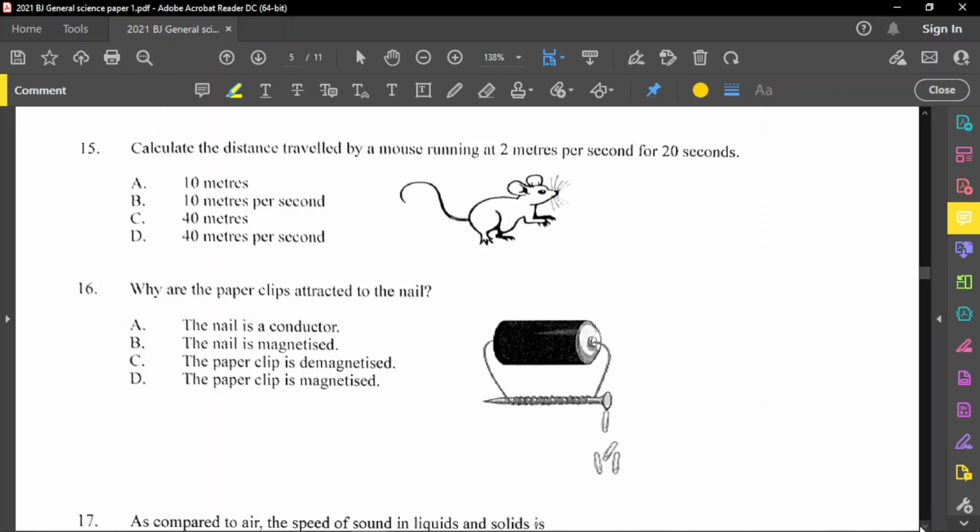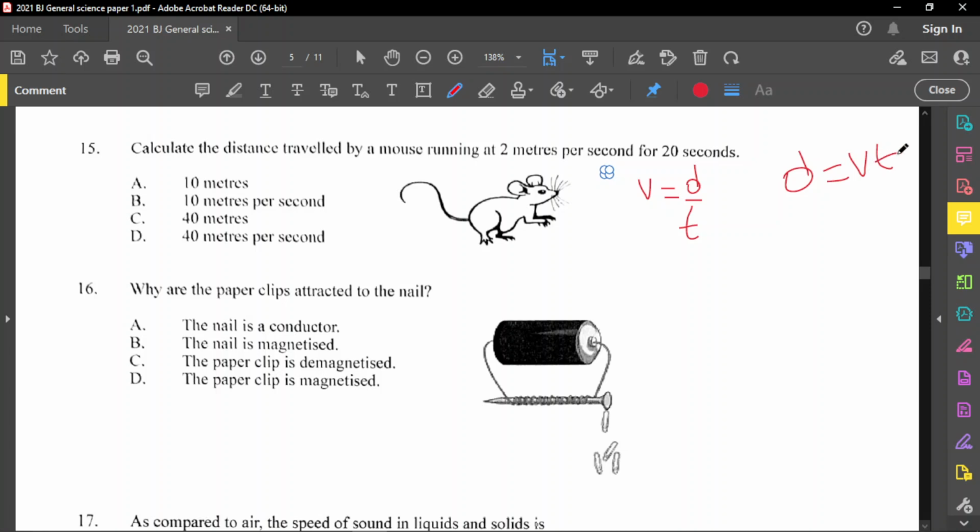Now, first thing to remember, a very basic formula that you need to know is that speed, so V, is equal to distance over time, okay? Speed is equal to distance over time. But they ask us to find distance here. And so to find distance, distance is equal to V times T. So velocity times T will give you your distance traveled.